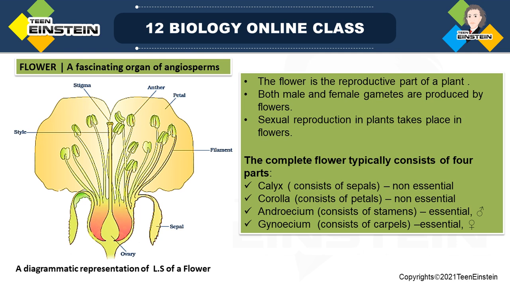Think about a beautiful small flower. Inside that also all these events are taking place: pre-fertilization, fertilization, then post-fertilization. All these events are taking place in a minute flower also. Right? So the title says flower is a fascinating organ of angiosperms.